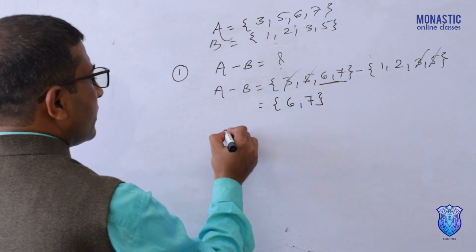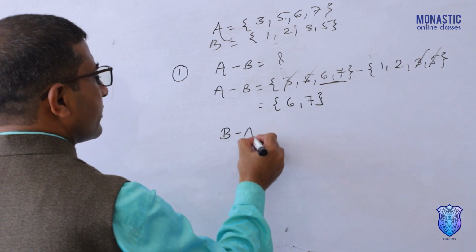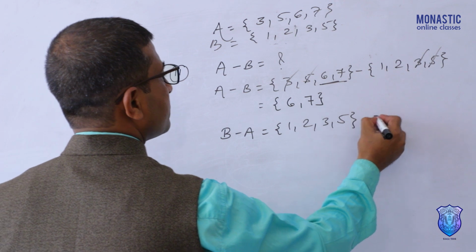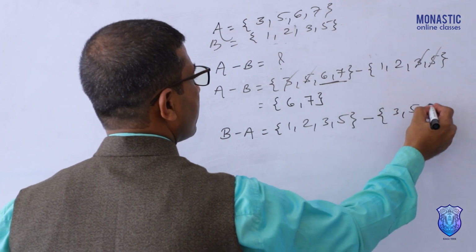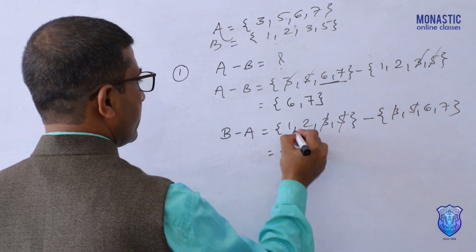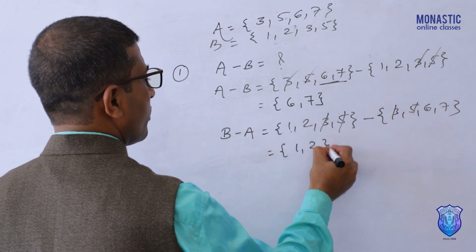Same way, if we write B minus A, 1, 2, 3, 5 minus 3, 5, 6, 7. Cancel the common elements. What's the remaining on B? That is 1, 2.